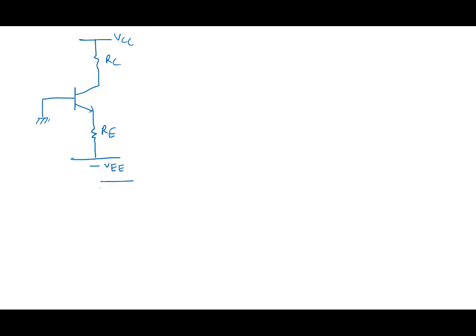So can I now get rid of this negative supply voltage? The idea is that I would like to fix IE, and from IE, then derive IC. IC is equal to beta by beta plus 1 times IE. That's the key idea in this particular circuit: IC is being derived from IE. So fix IE.